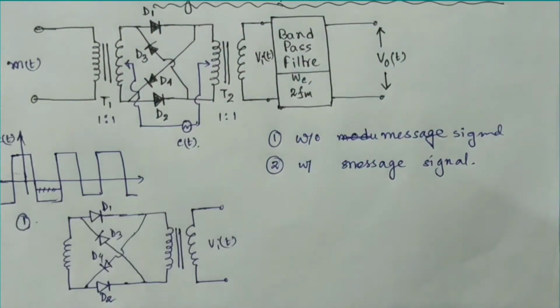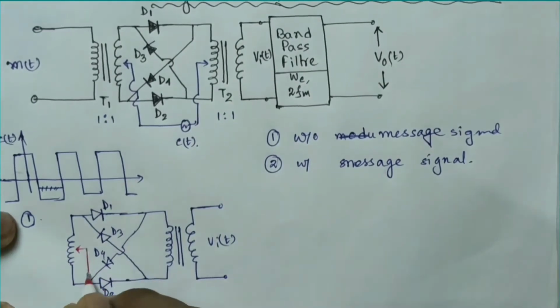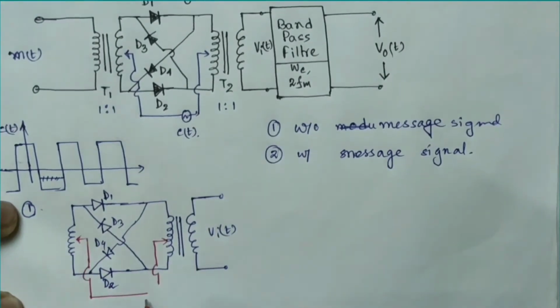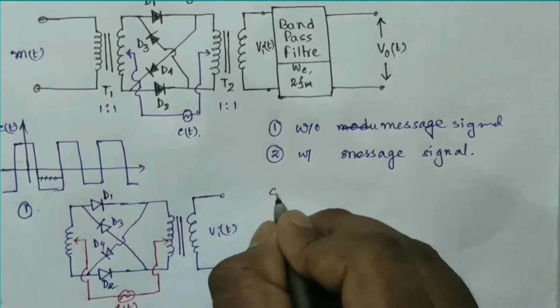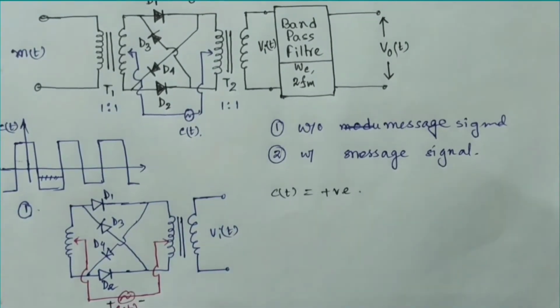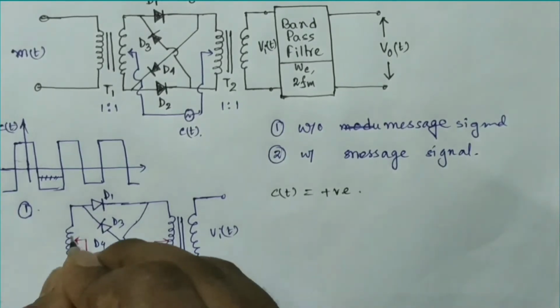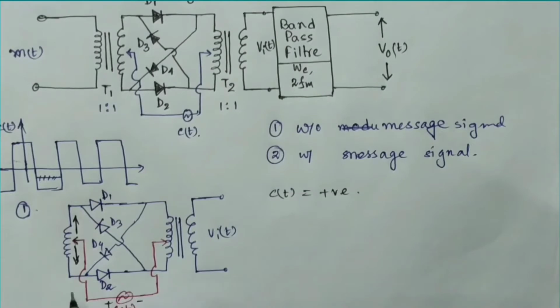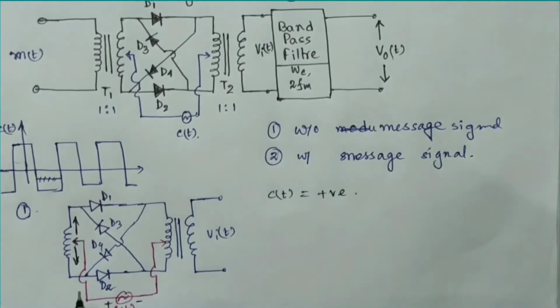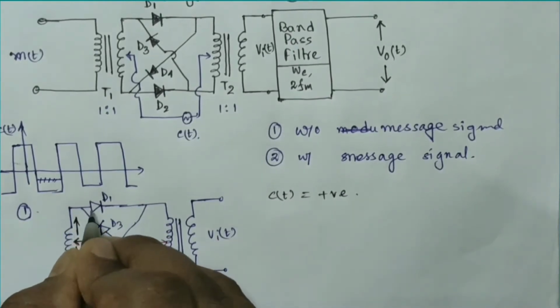So first let us discuss without using the message signal. This is the equivalent circuit, and the carrier signal is used to center tap the transformer. In the positive half cycle of c(t), that is when c(t) is positive, current from this side goes here and moves in the opposite direction.